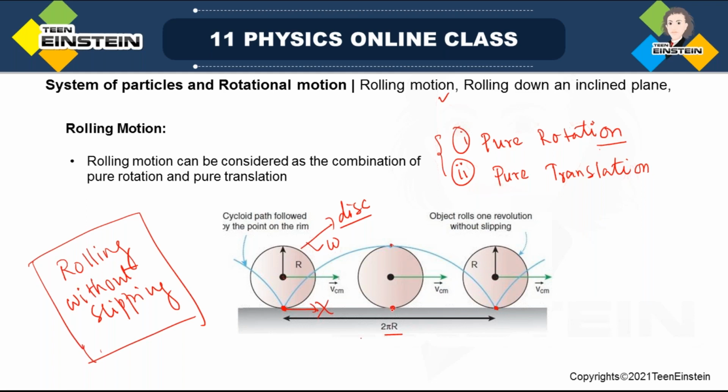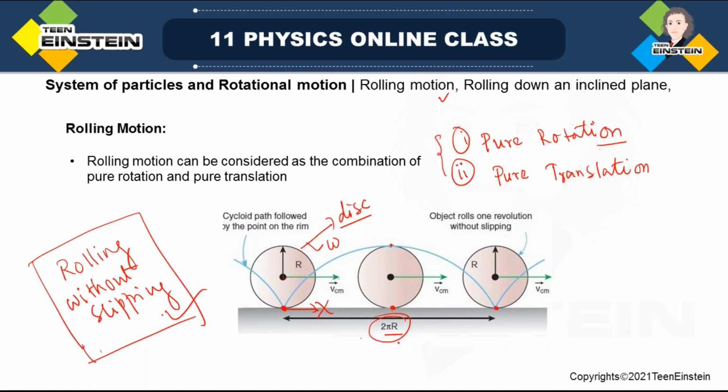At each and every instant, whatever portion of this disc comes into contact with the surface becomes momentarily at rest. So this is the condition for rolling without slipping, and under that condition the center of mass moves 2 pi r distance upon a full rotation.